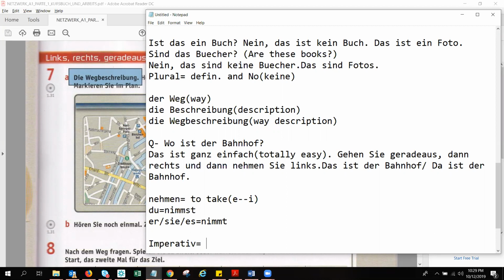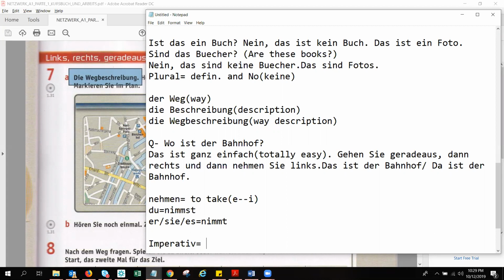For example, if you say come here, it doesn't have a subject, but it is very understood to whom we are talking. If we are suggesting someone, like take rest, it is very understandable to whom we are saying this.